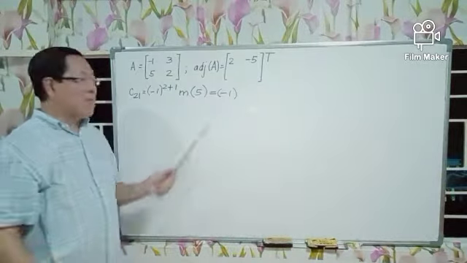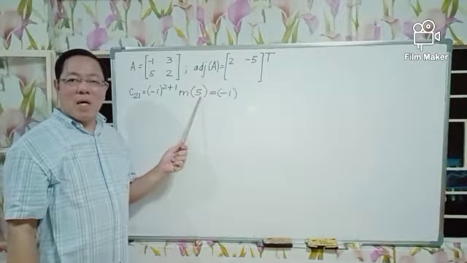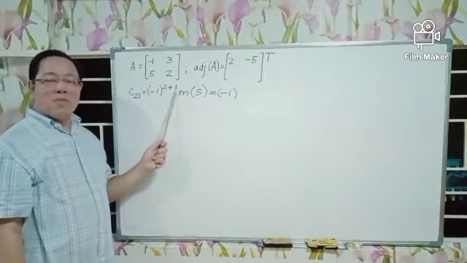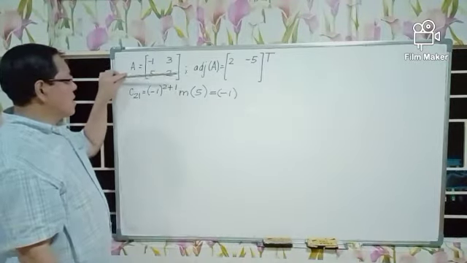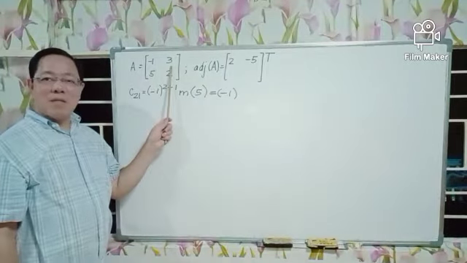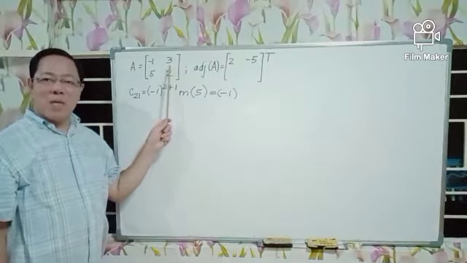Multiplied by the minor of 5, which is the determinant of the entries that remain after deleting the second row and first column of matrix A. The entry that remains is 3, and we get its determinant.